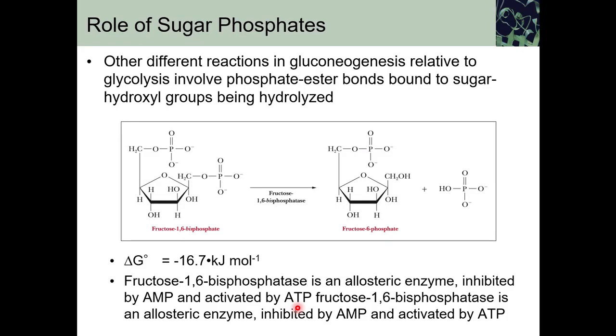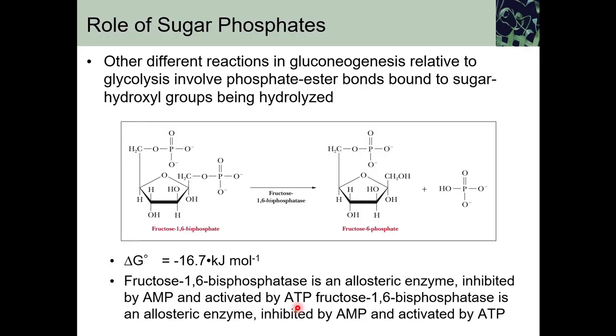You don't need ATP anymore, and so you're encouraging gluconeogenesis in the liver, because this fructose 6-phosphate will ultimately be converted into glucose, which will then be stored in the form of glycogen.